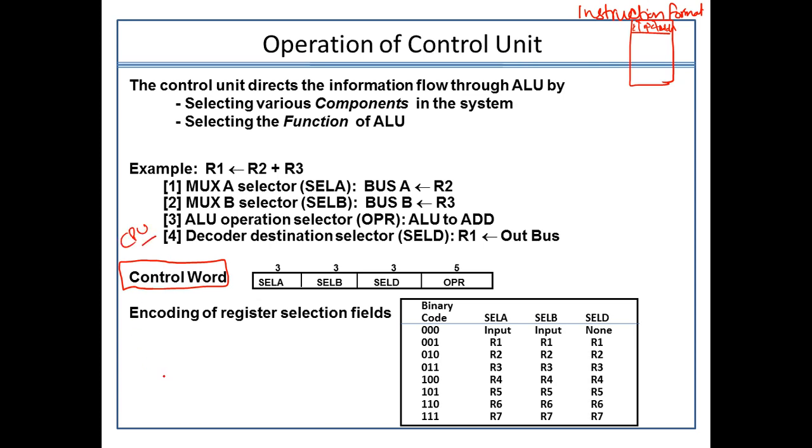If you want to process the data from the CPU, then instead of instruction format, the terminology we use is the control word. So what could be the size of the control word here? Three selection lines, 3 plus 3 plus 3, 9, plus 5, 14. So a 14-bit control word will determine which register will transfer the data.